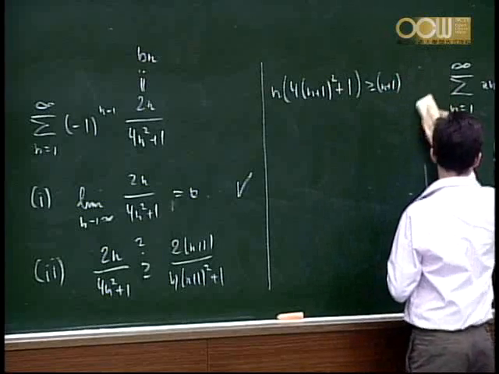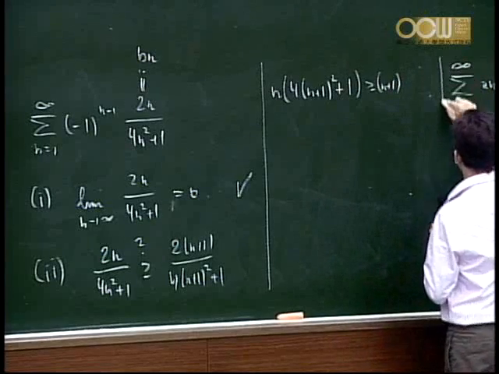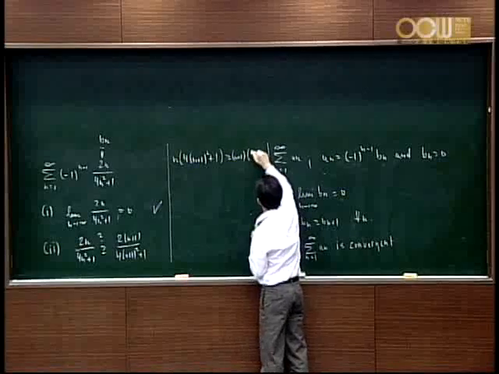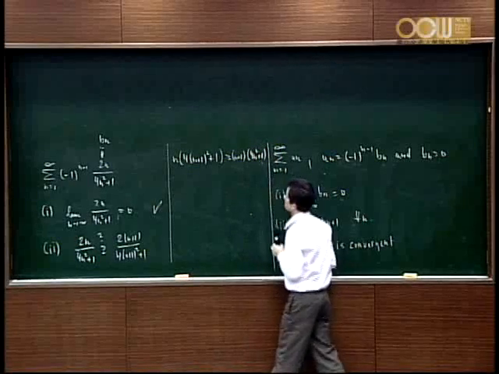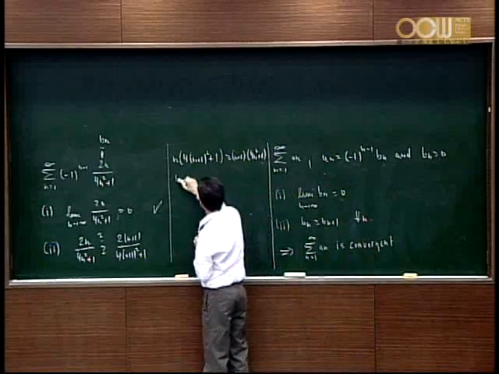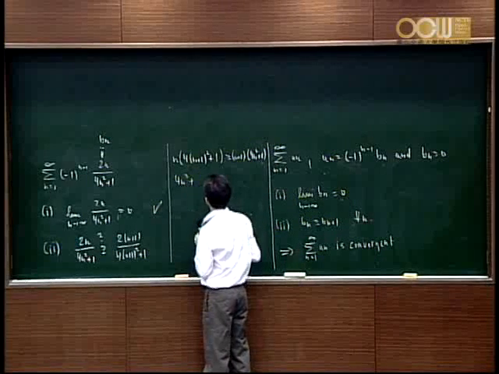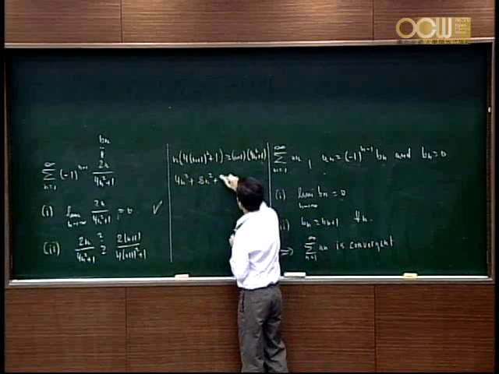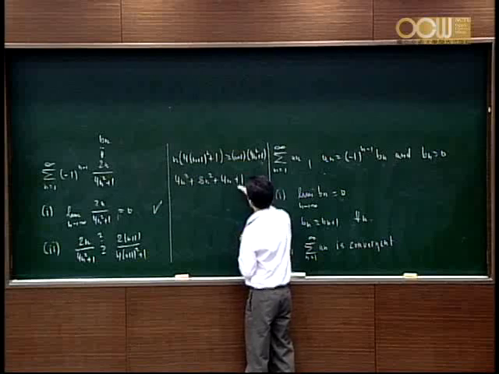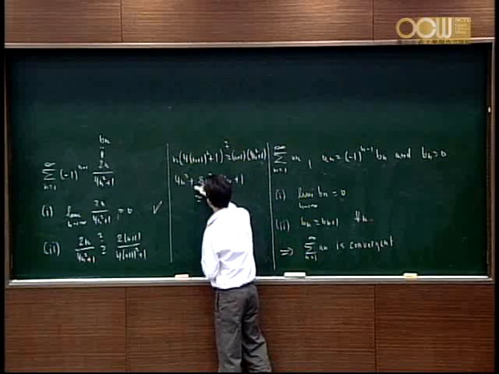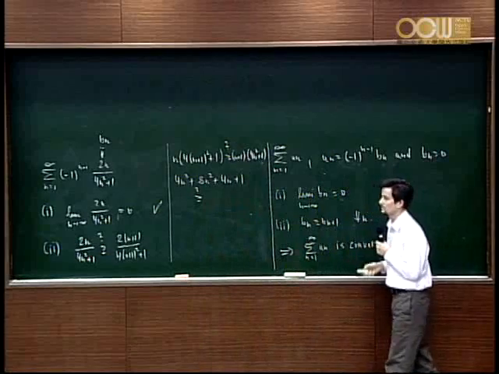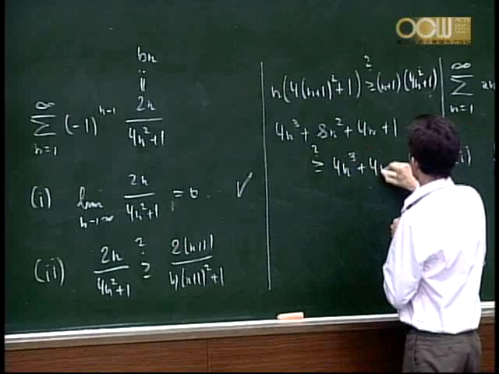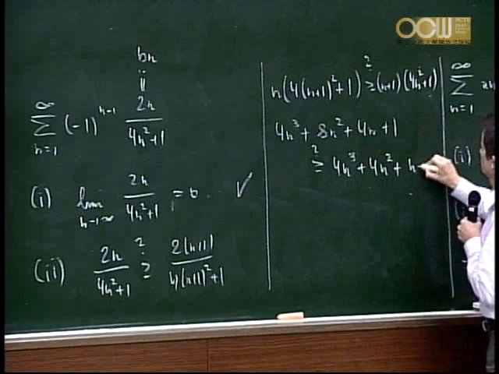times n squared plus 1. I do not want to erase this result here. So what you get is 4n to the cube plus 8n squared plus 4n plus 1 should be larger or equal than, and all of those inequalities are in question because this is what we claim, 4n to the cube plus 4n squared plus n plus 1.